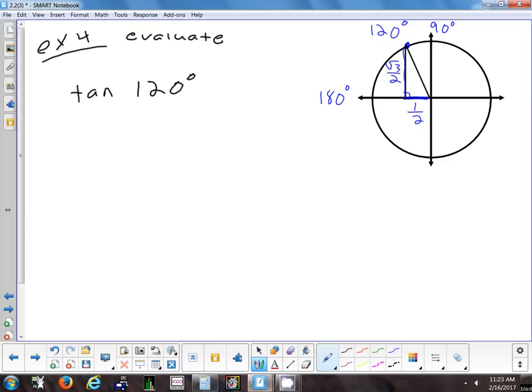Now I know that x has something to do with a half. The y has something to do with root 3 over 2. Just make sure you get the positive and negative correct. Okay, so Becky, could you give me the coordinate for 120? Square root of 3 over 2 and negative 1.